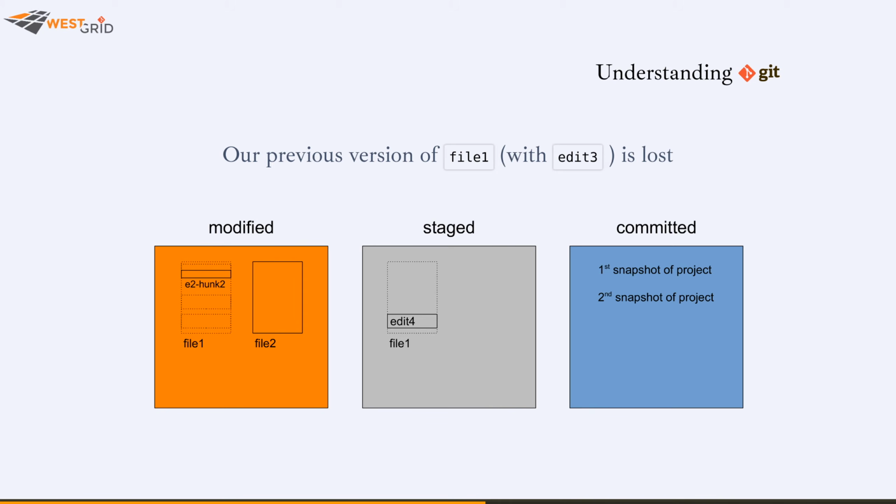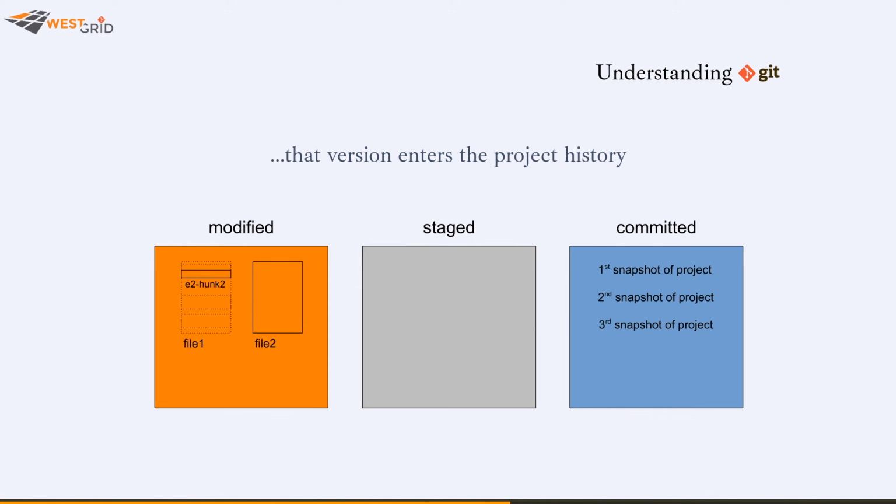It's only when you commit that the state of a project gets archived into history and you can recover it later on. So now, if I commit that edit 4 with git commit -m and then whatever message describes what edit 4 represents, now that is in our history. That you won't lose.